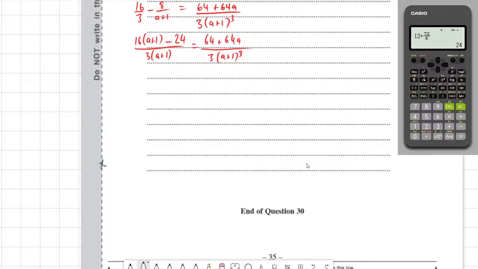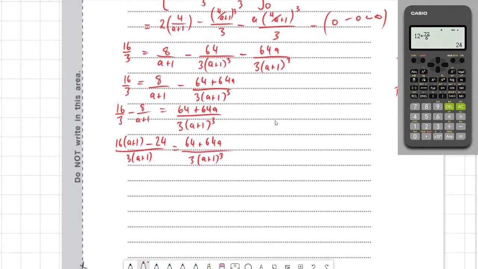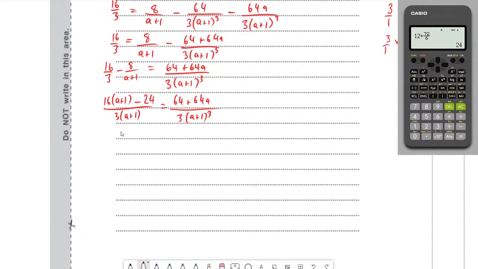They give me lots of space, but far out, this is nuts. So 16a plus 16 minus 24 times 3a plus 1 cubed is equal to 64 plus 64a times... Oh my god, this is actually disgusting.